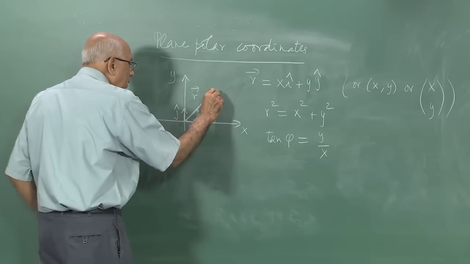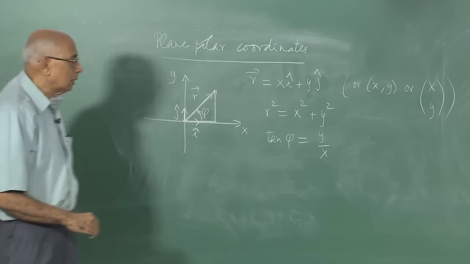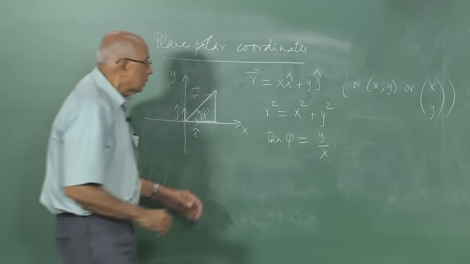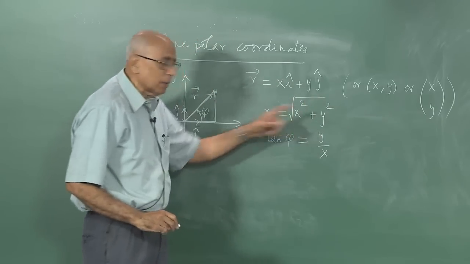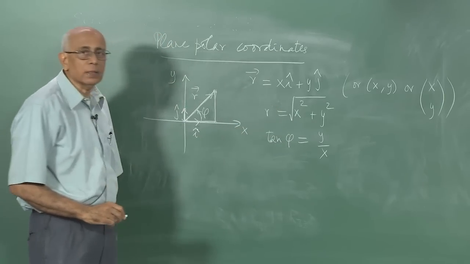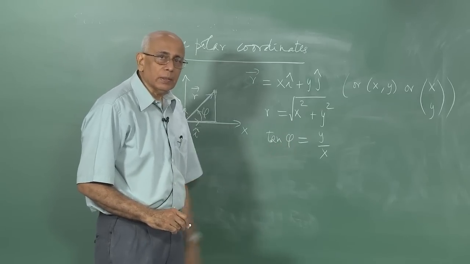In other words, the tangent of this angle is the perpendicular divided by the base in this fashion. So if you like, r is defined as the positive square root of x squared plus y squared, because it is a distance and it can't be negative, and phi is given by this quantity here.